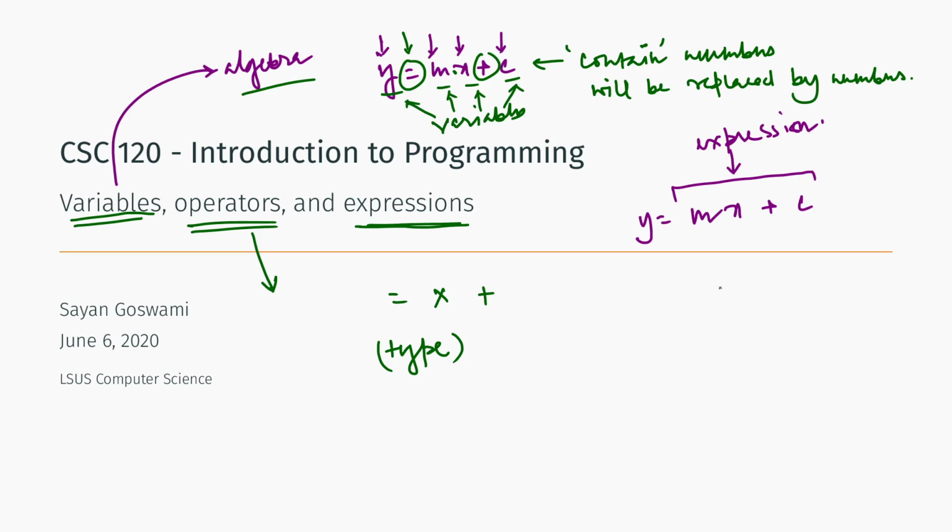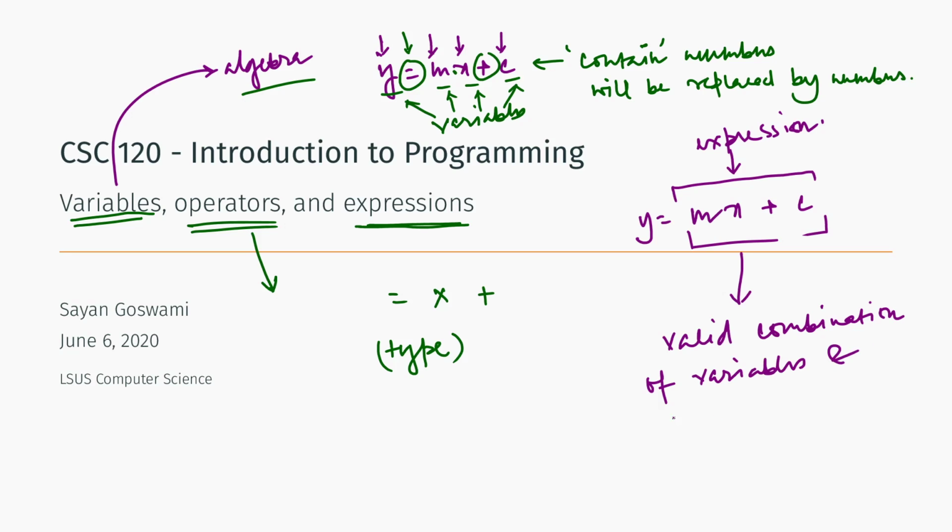Any combination of variables and operators, a valid combination, that produces some value is called an expression.